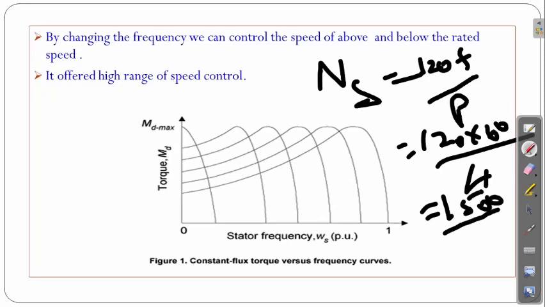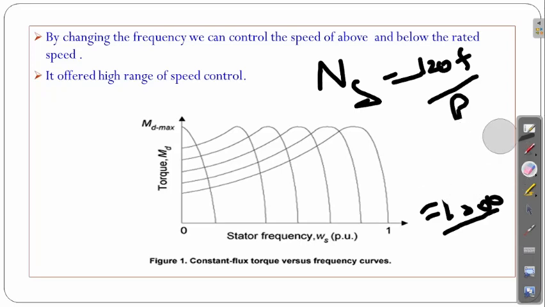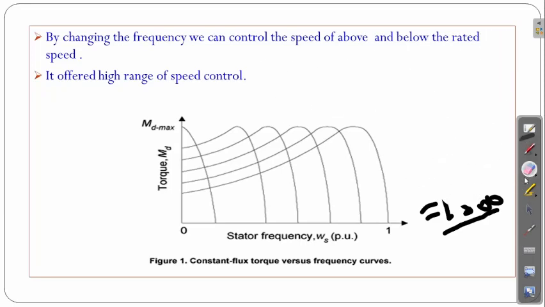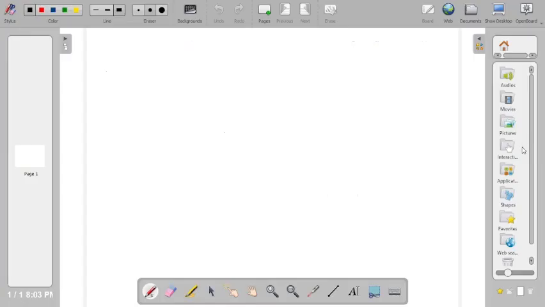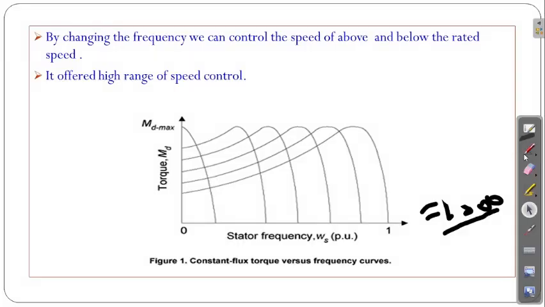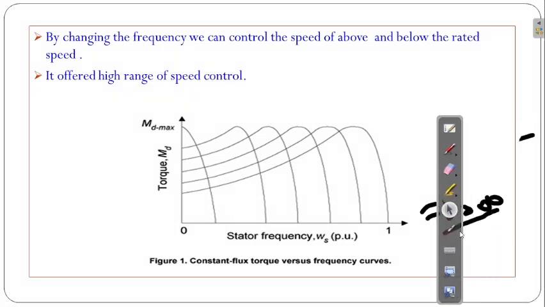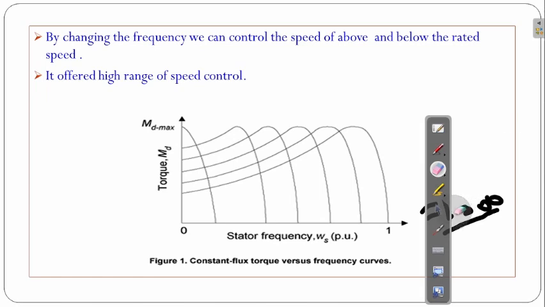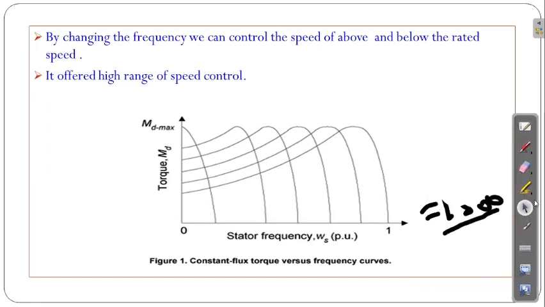So this 1500 RPM is the rated speed for most of the motors. If we change the frequency, we can control the speed above and below the rated speed. It offers a high range of speed control also.